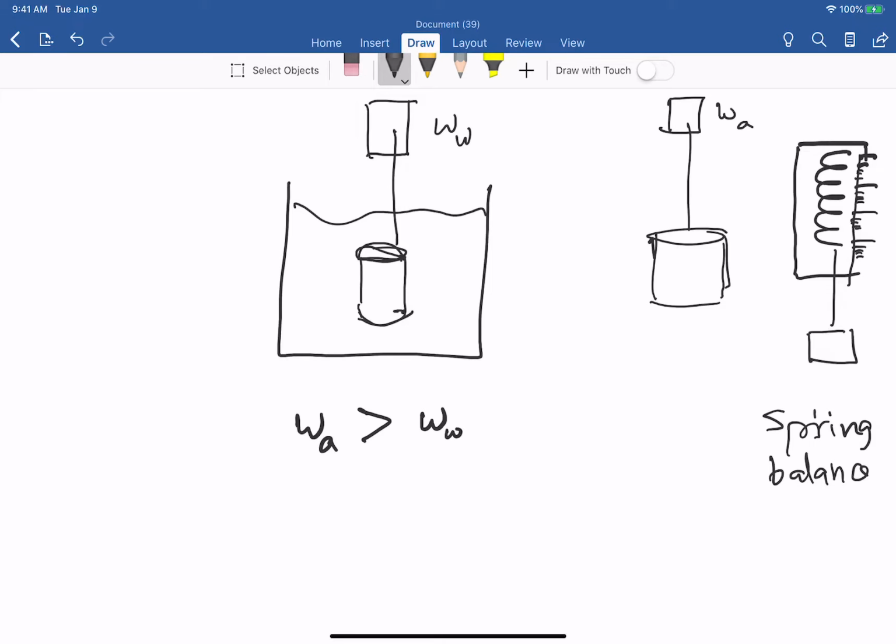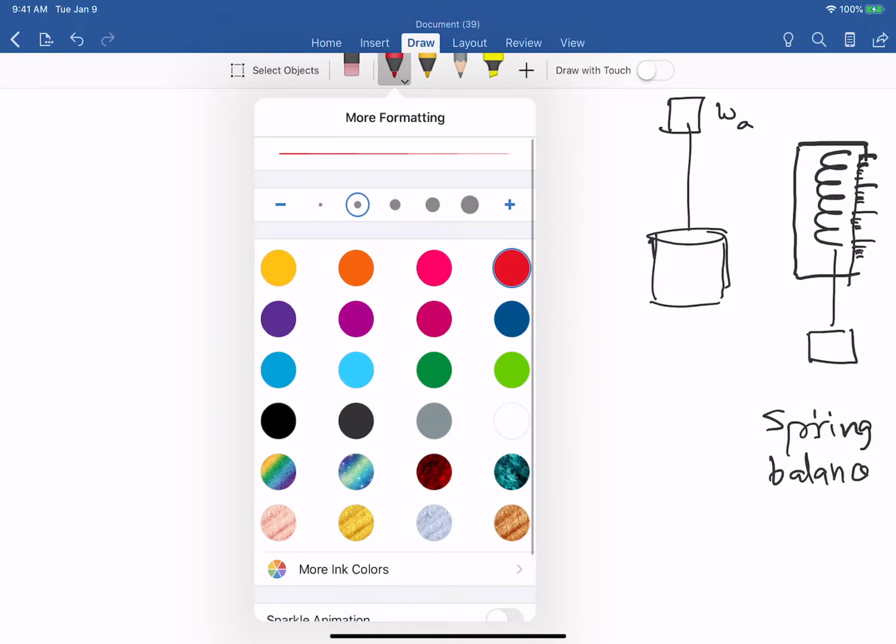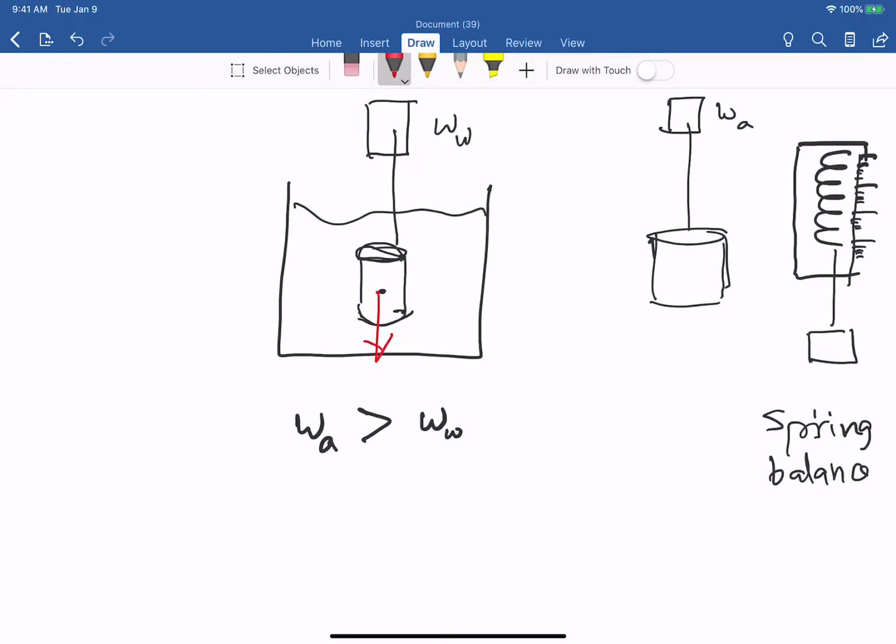Why is that? The reason is because when it's immersed in water, there are two forces acting on it. One is the weight of the object, which is acting down. That's mg, right? And then there is also a buoyant force acting on the object, which is pushing it upwards.